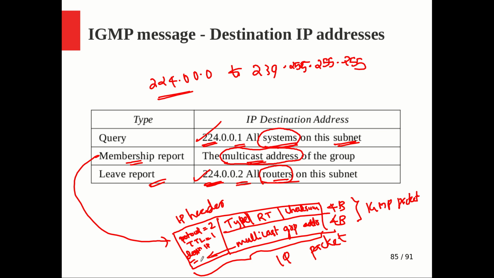What benefit are we getting by keeping it in the destination IP field? By looking at the IP header itself, all others can understand which group we mean, and immediately they can turn off their timer. That is an additional benefit, and if something happens to this, we still have the inside information. So we are keeping some kind of double reliability also.